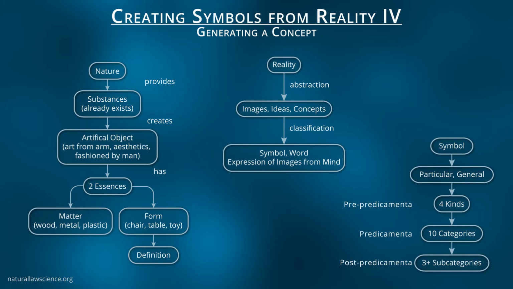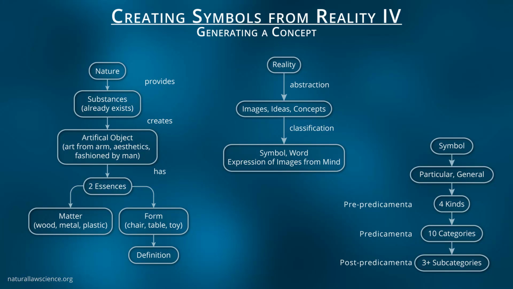So that's why in the form is where you find the definition, because the chair is the definition of the thing. The table, the toy, what it does, is where you'll find the definition. You're not going to find it in the wood or the metal or the plastic of that chair, table, or toy. That's not where the definition is.